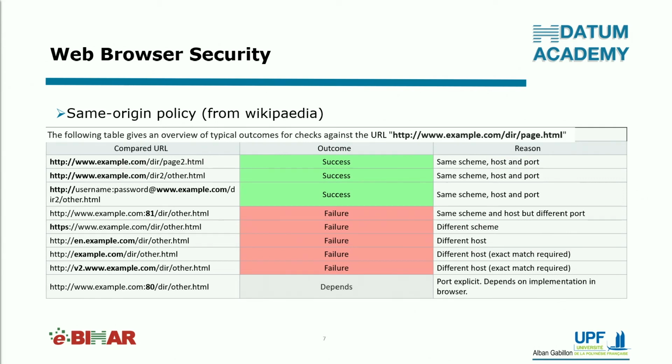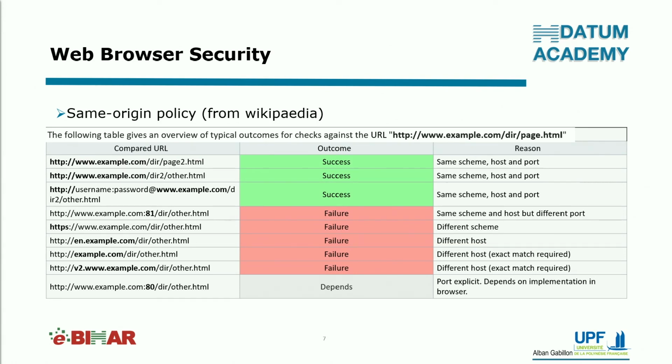Same scheme, HTTP, same host, example.com, and same port number, the same implicit port number, which is, as you know, port 80, the default network port for HTTP. The same goes for the third URL, although it seems a little bit strange, it has same scheme, same host, and same port as the referring URL, so both are of the same origin.